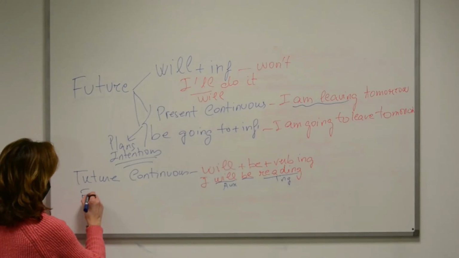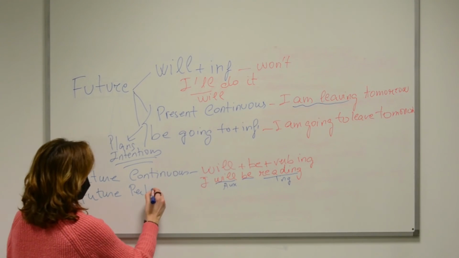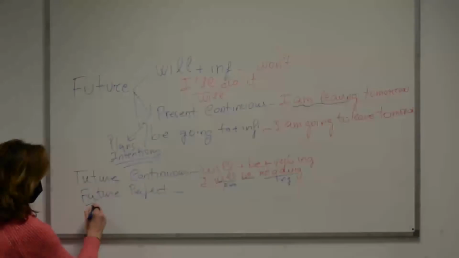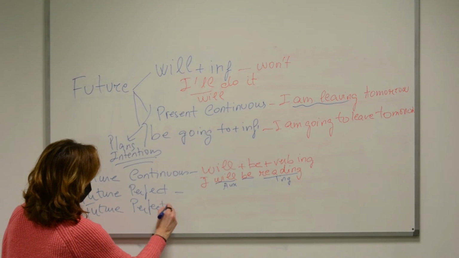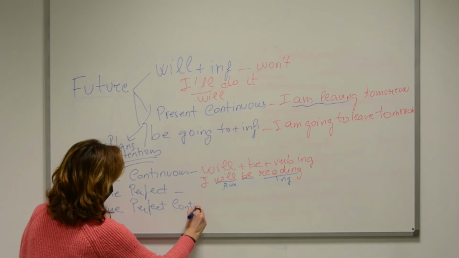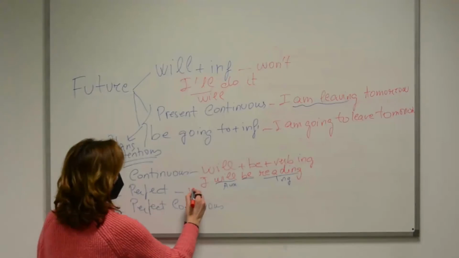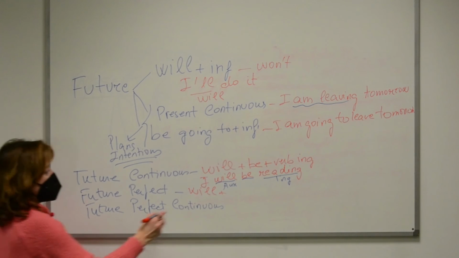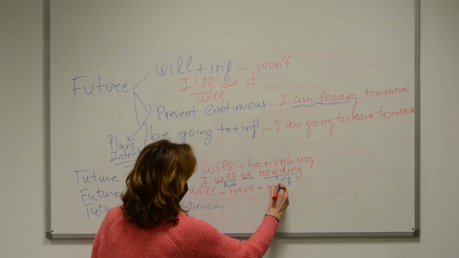We also have future perfect and the mixture of both, future perfect continuous. Future perfect is formed with will, always the auxiliary will, which is the auxiliary of the future, plus have plus participle.